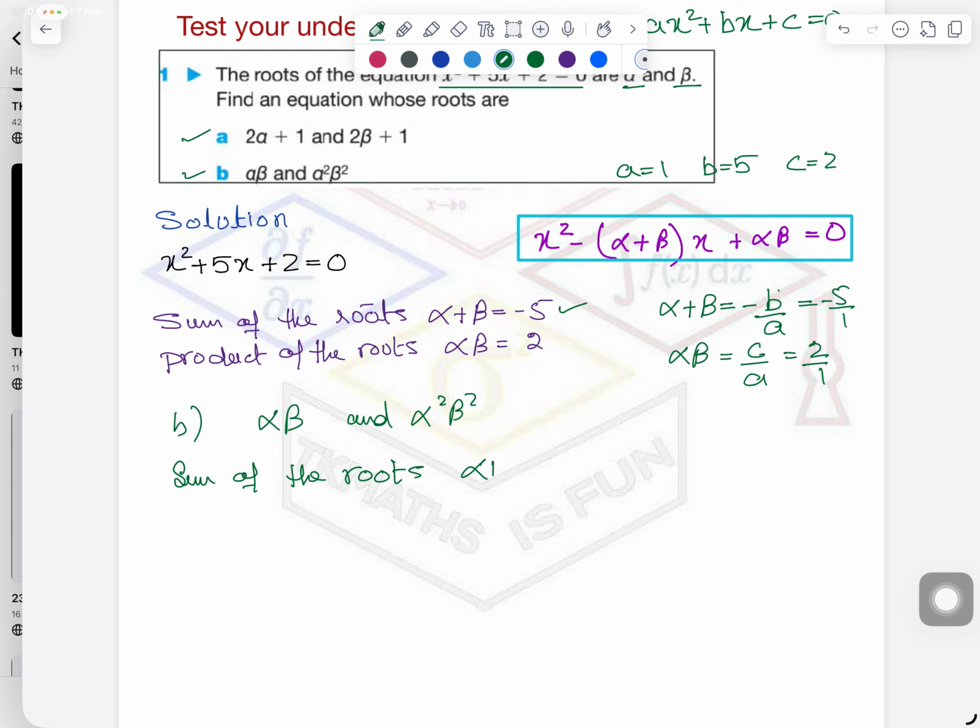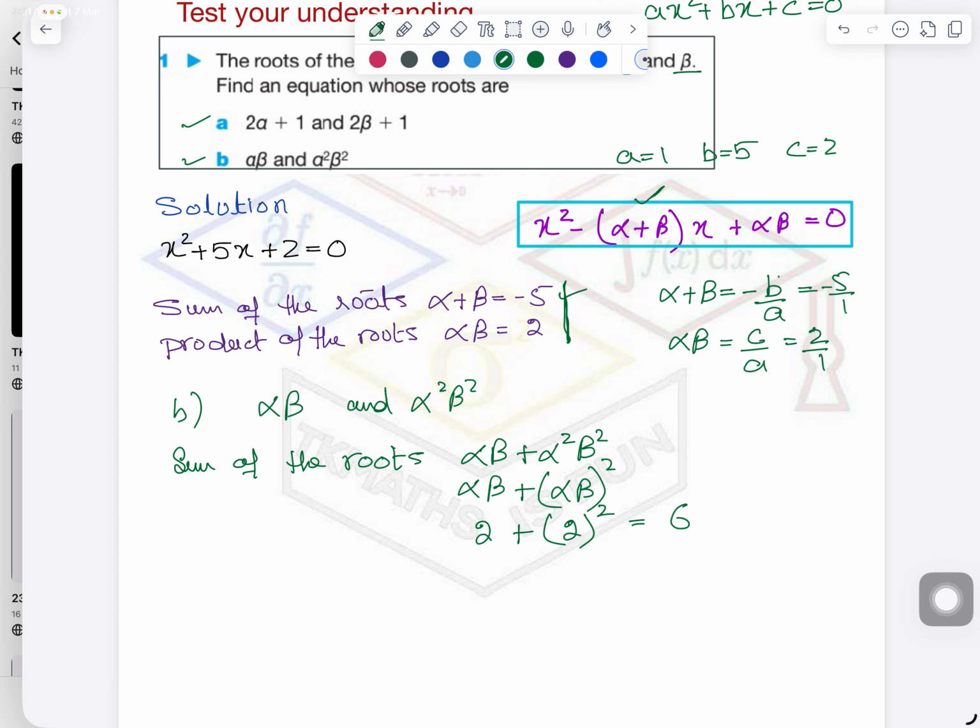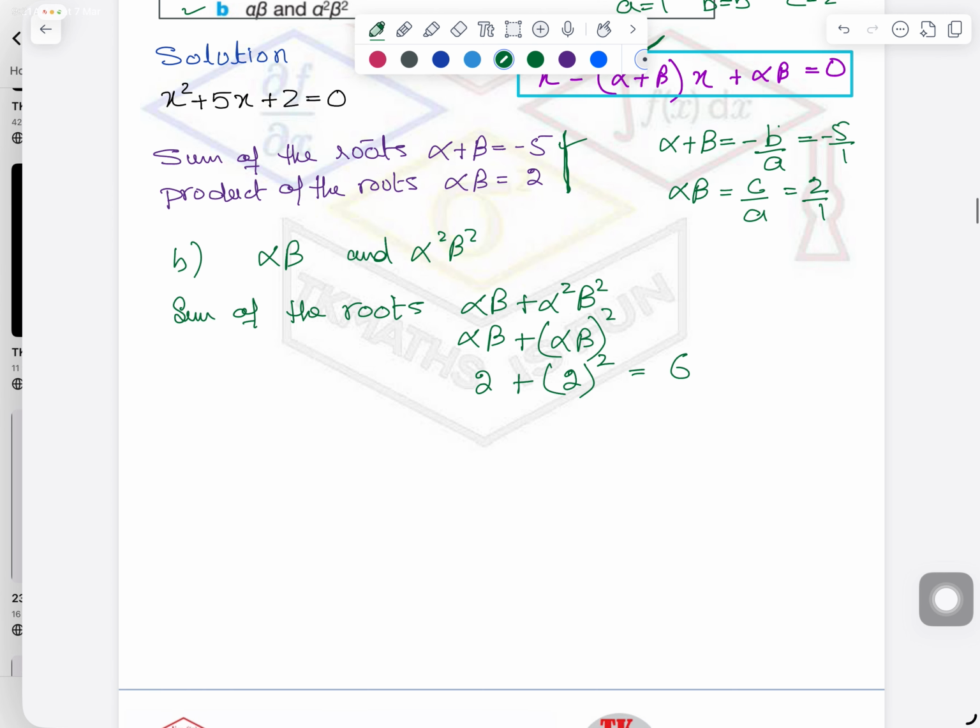So it will be alpha beta plus alpha square beta square, and I will simplify them to make use of these values. Okay. So it will be alpha beta plus alpha beta whole square, and alpha times beta is 2, so sum of the roots is equal to 6, which will come at this place in the equation.